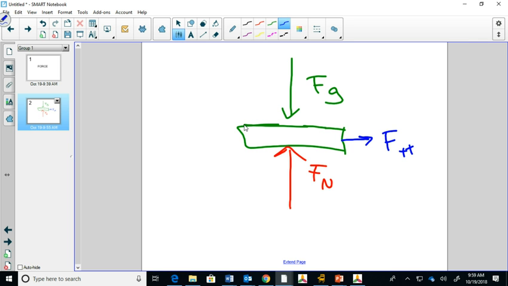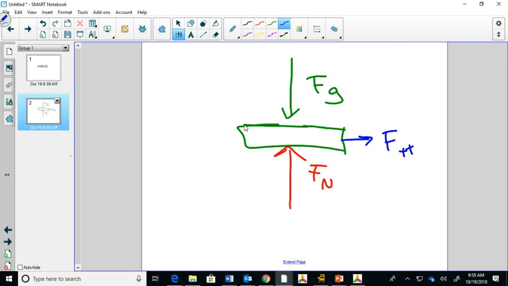It does, but that would be pulling me toward it. That wouldn't be opposing mine. There are actually forces between the book and the table that are holding it in place, and we call that friction.